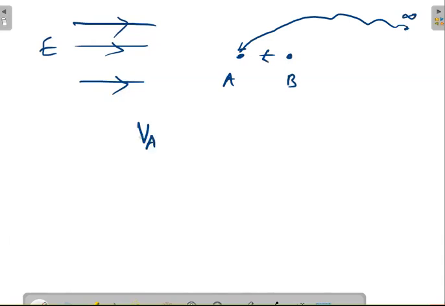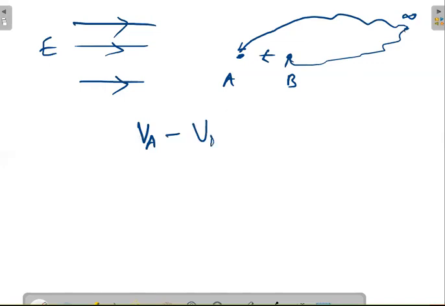Energy spent and voltage are exactly the same here because we are taking a unit positive charge. By definition, under the unit positive charge, voltage and energy are one and the same. How much energy I am spending to come to position A, and similarly how much energy I am spending to come to point B.